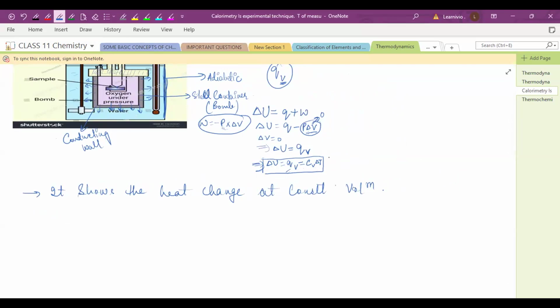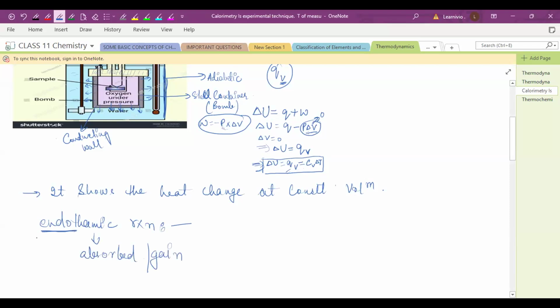You know very well, when the heat is released, what will the sign convention be? Negative. Let's understand this in the case of an endothermic reaction. Endo means the heat is gained, energy is being absorbed. Absorbed or gained, these two terms you can use.